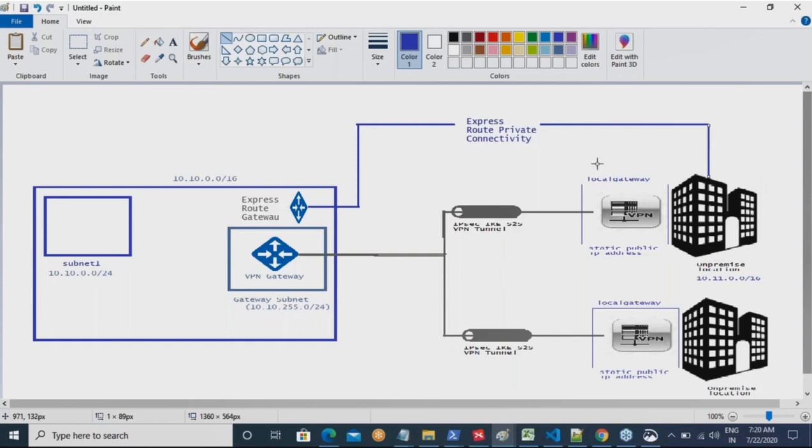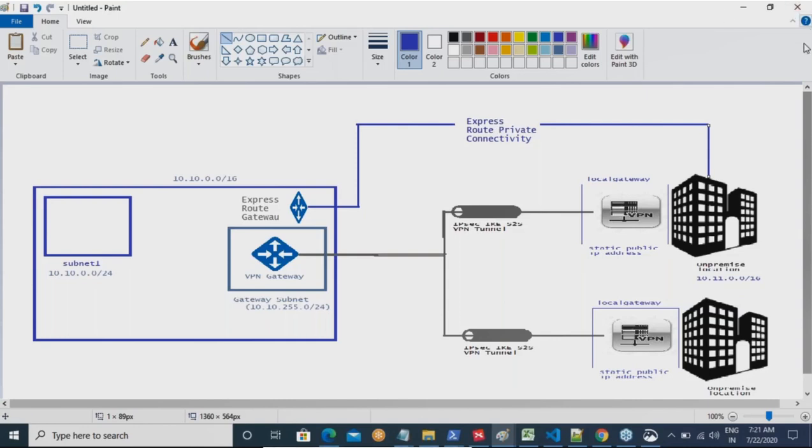Am I clear on this? But this will cost more. So until and unless your organization has a real need for it, there is no need for you to look into this. You can create coexisting connections. You can have a VPN gateway and then you can have an Express Route gateway.